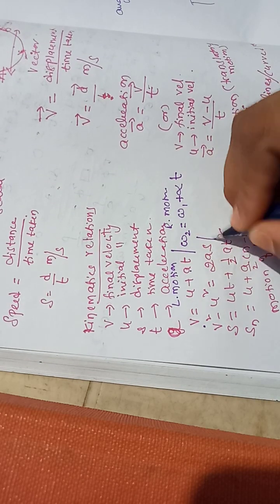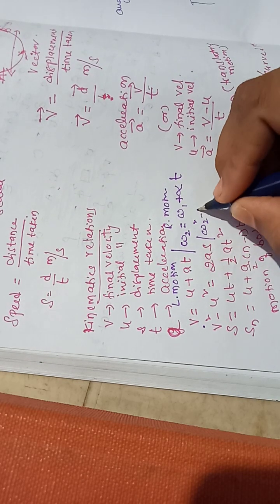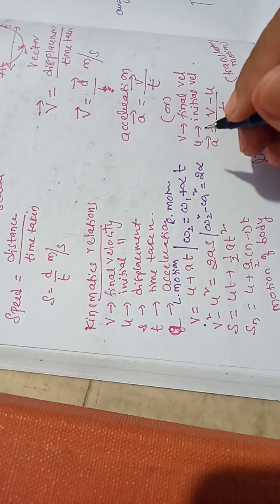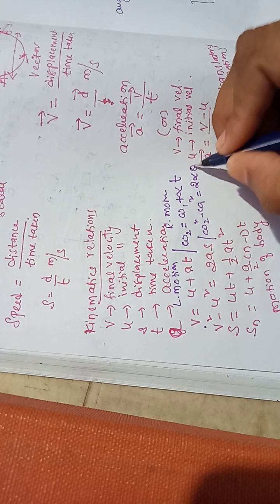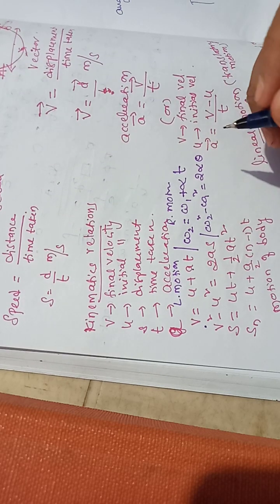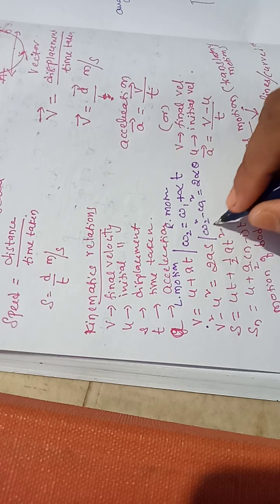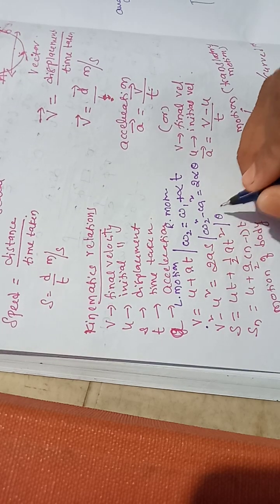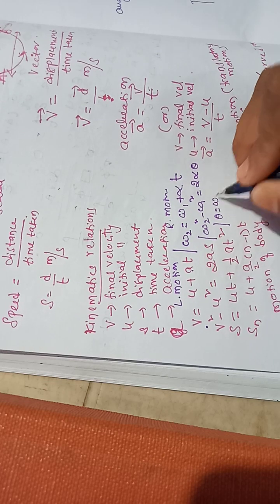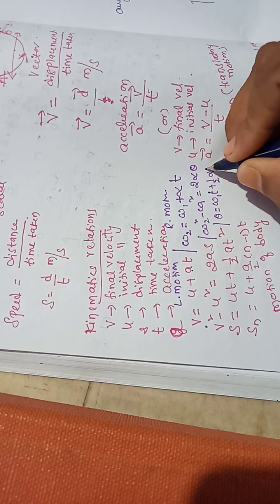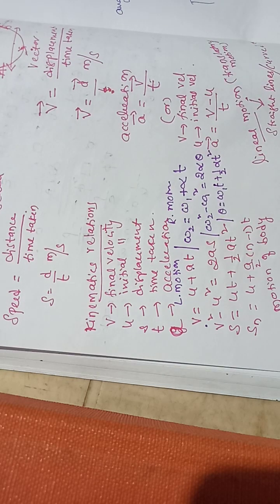Also omega 2 square minus omega 1 square equals 2 alpha theta, where displacement we indicate with theta, the angular displacement. In such a way we can change all of these. Now theta is equal to omega 1 t plus half alpha t square.